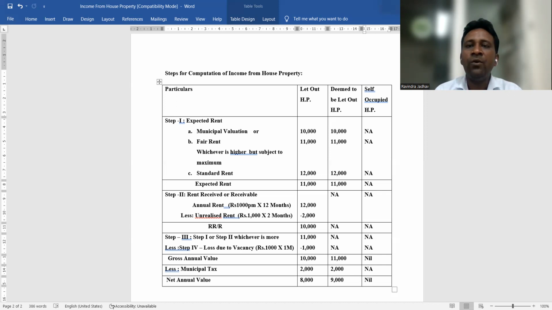One more deduction is allowed in case of renewal or reconstruction. Again, for let out house property and deemed to be let out house property, there is no limit. But in case of self-occupied house property, it is limited up to rupees 30,000. But now, all deductions under section 24 we will discuss in the next lecture.